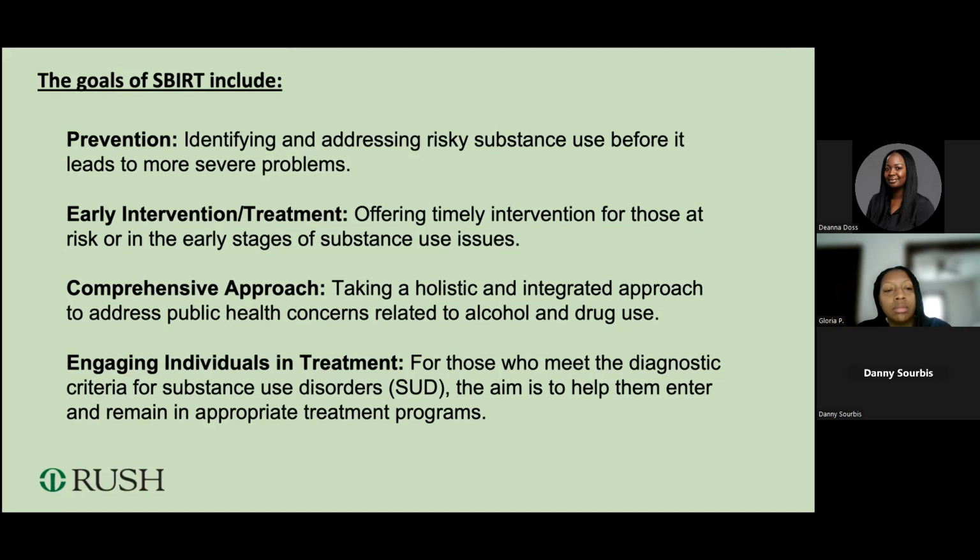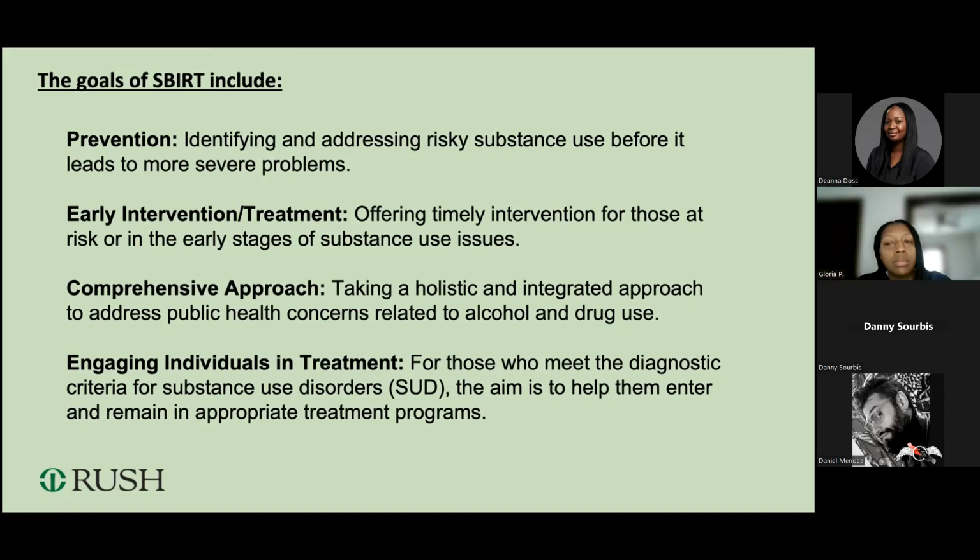The comprehensive approach is taking a holistic and integrated approach to address public health concerns related to alcohol and drug use. And engaging individuals in treatment is for those who meet the diagnostic criteria for substance use disorder. The aim is to help them enter and remain in appropriate treatment programs.